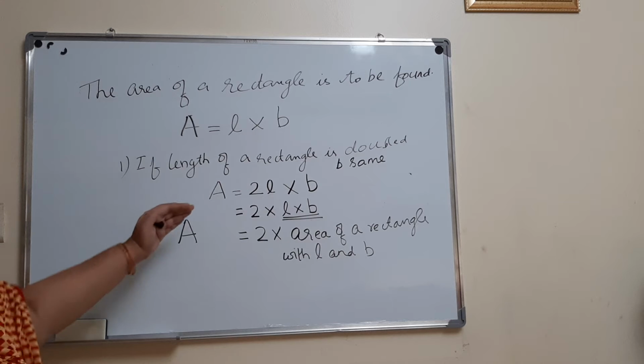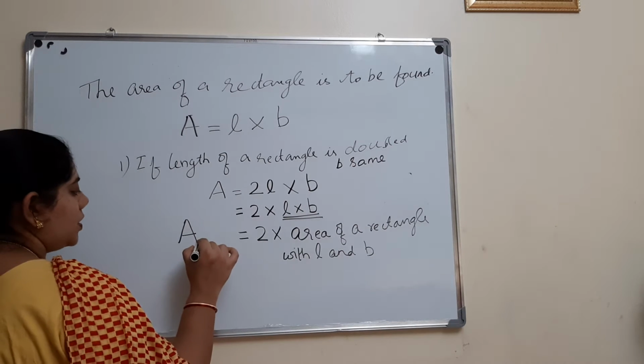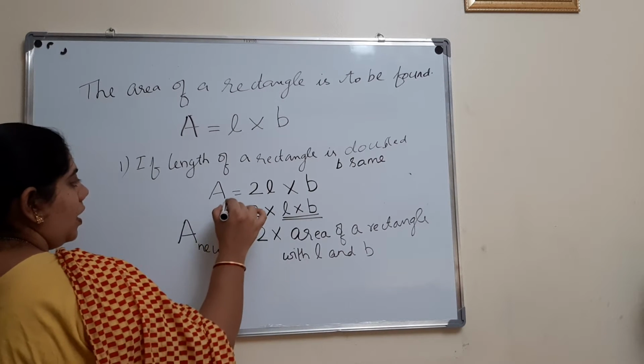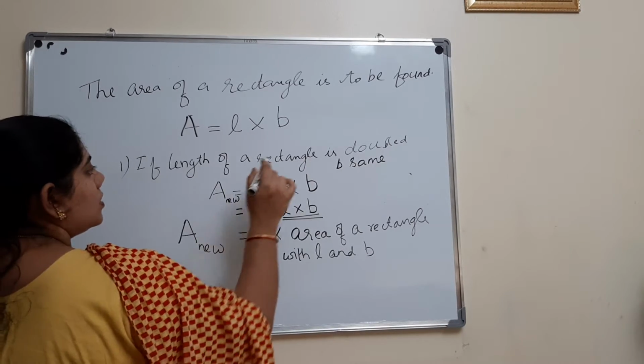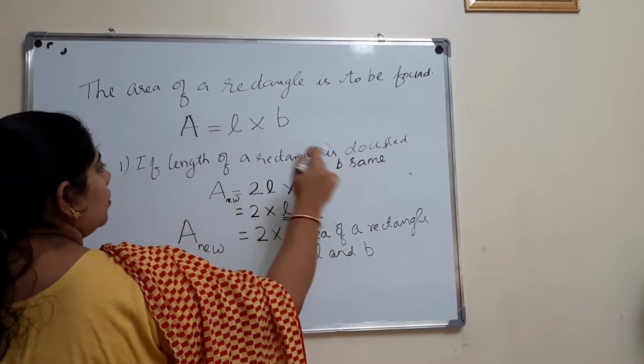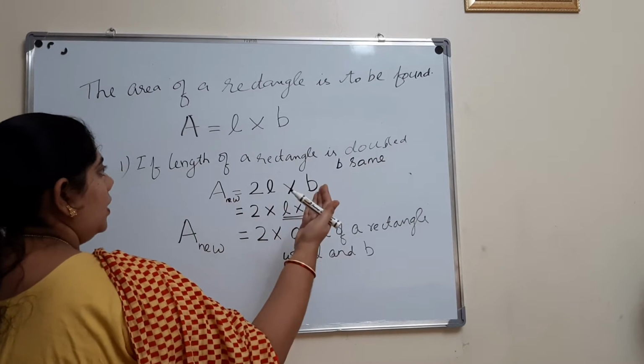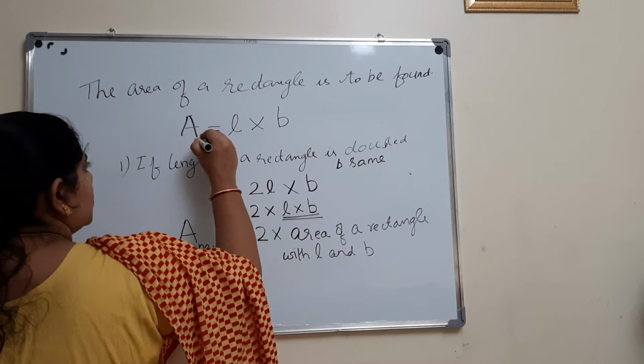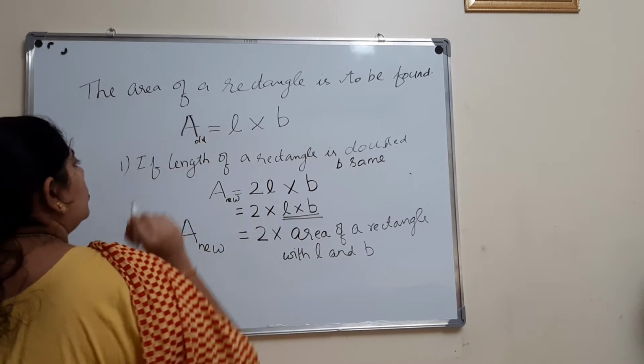So what will happen to the area or the new area? I will take this as new area. That is, what is the new area? The length of a rectangle is double and the breadth remains same. So this is the original area or old area.